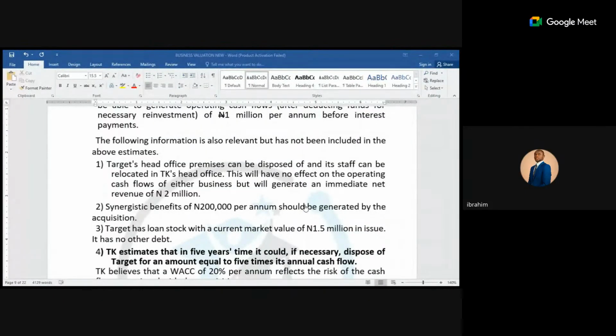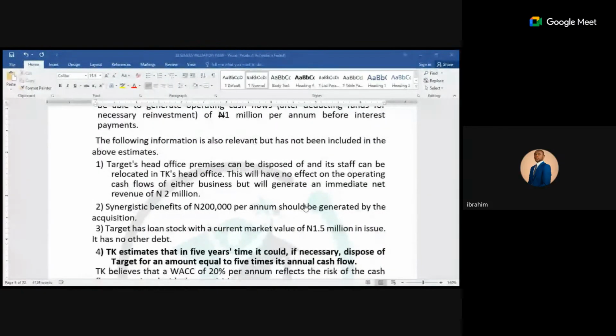We just say the head office premises can be disposed of and its staff. They did not say at the end, though. If you want to acquire the company now, it is not that at the end of the 5 years you are expecting this. You want to acquire the company now, you dispose immediately. It's immediate.